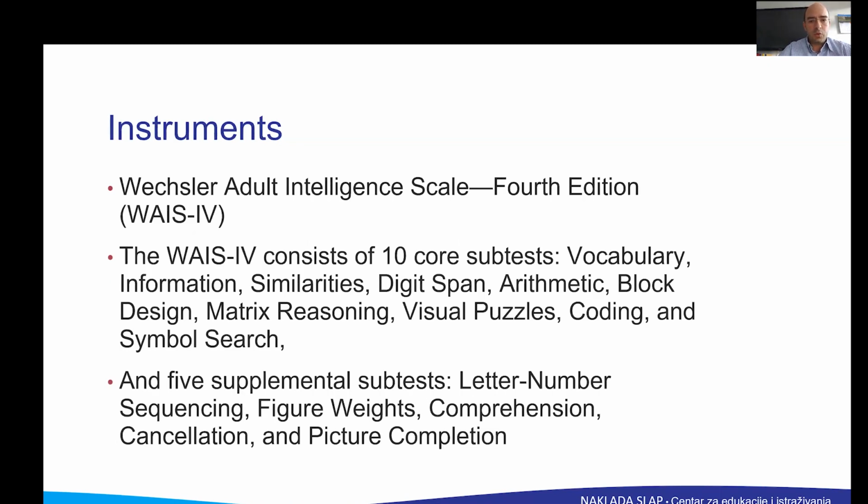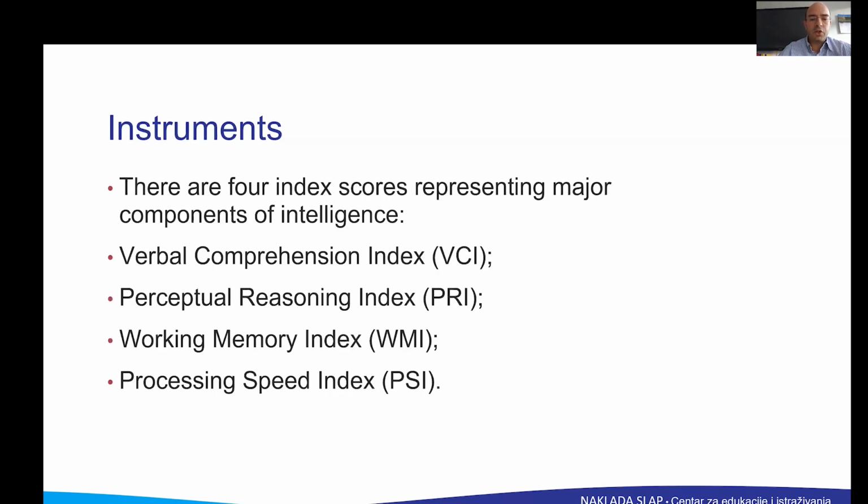Well, the instrument which we used is the mentioned Wechsler Adult Intelligence Scale, 4th edition, which comprises 10 core subtests: vocabulary, information, similarities, digit span, arithmetic, block design, matrix reasoning, visual puzzle, coding, and symbol search. You need those 10 to calculate the full-scale IQ, and the 5 supplemental subtests: letter-number sequencing, figure weights, comprehension, cancellation, and picture completion.